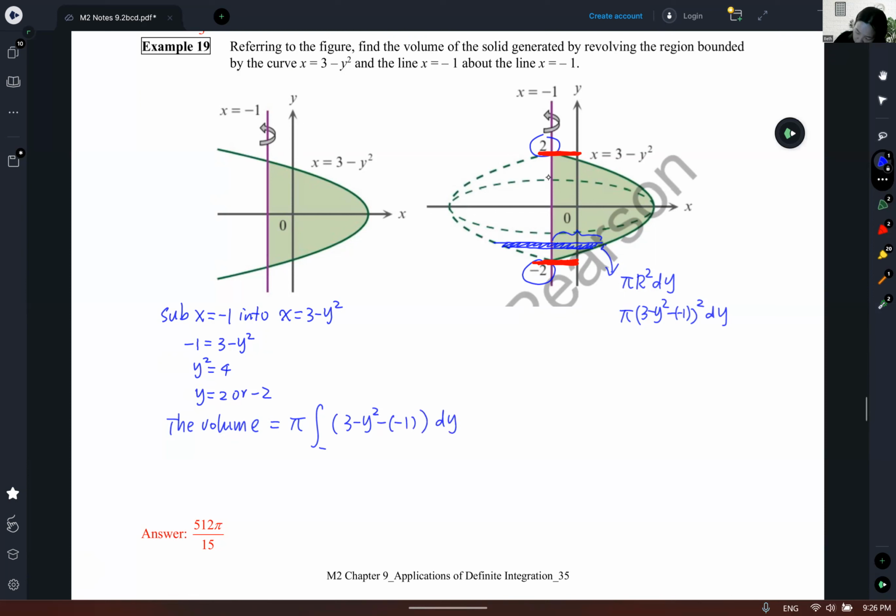From the bottom to the top. Simplify. Right? I think so.